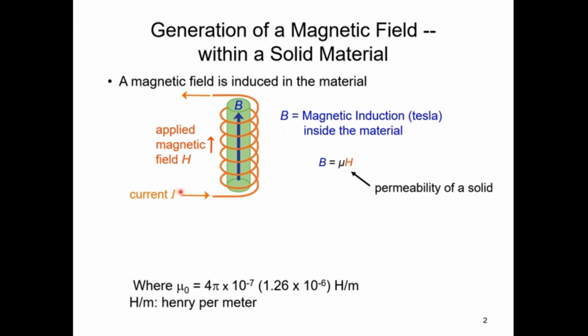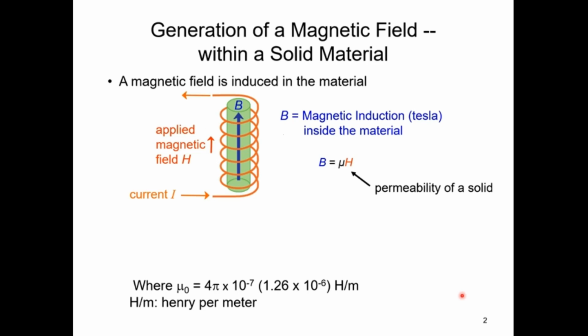We can calculate it based on the permeability of a solid, which depends on the type of solid, the mu value, multiplied by H, where H is the magnetic field strength, how much magnetic field is applied to the material.